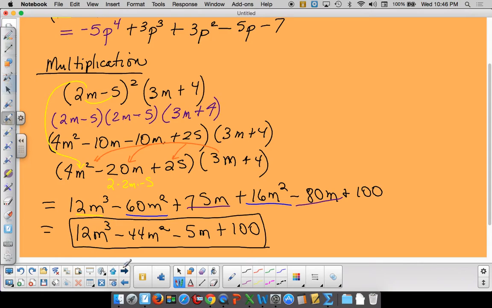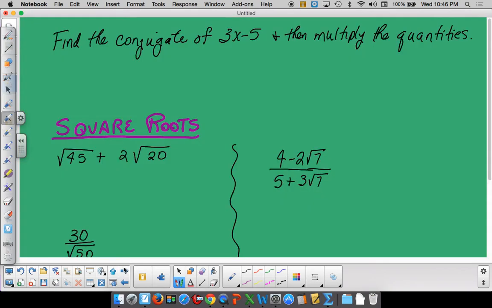Moving on then. The last thing we need to do with polynomials is a question that I think you won't have any trouble with. It's just a matter of whether you remember what the terminology means. It's going to say find the conjugate of 3x minus 5 and then multiply the quantities. So the question is, what was a conjugate?